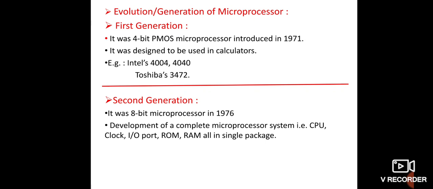It means this microprocessor includes the CPU, clock, input output port, ROM, RAM, all these devices in a single package. So this generation microprocessor is an 8-bit microprocessor, for example Intel's 8085. This year we will study the 8085 microprocessor deeply.